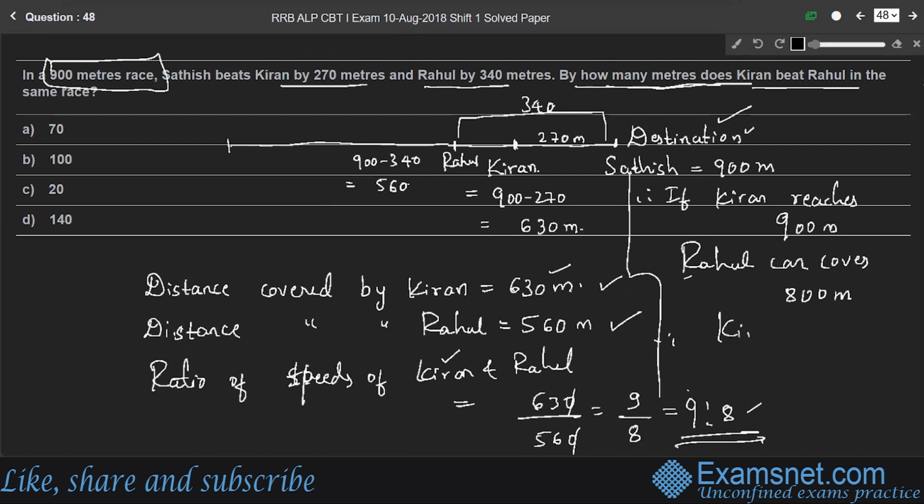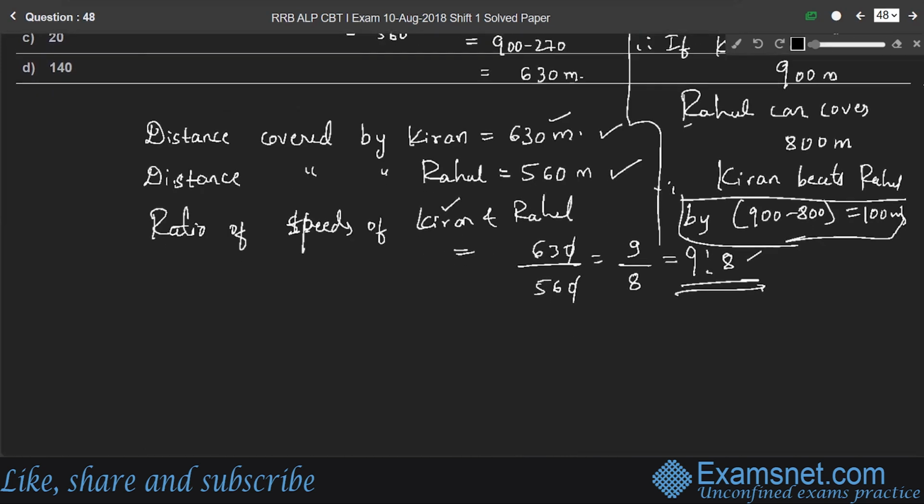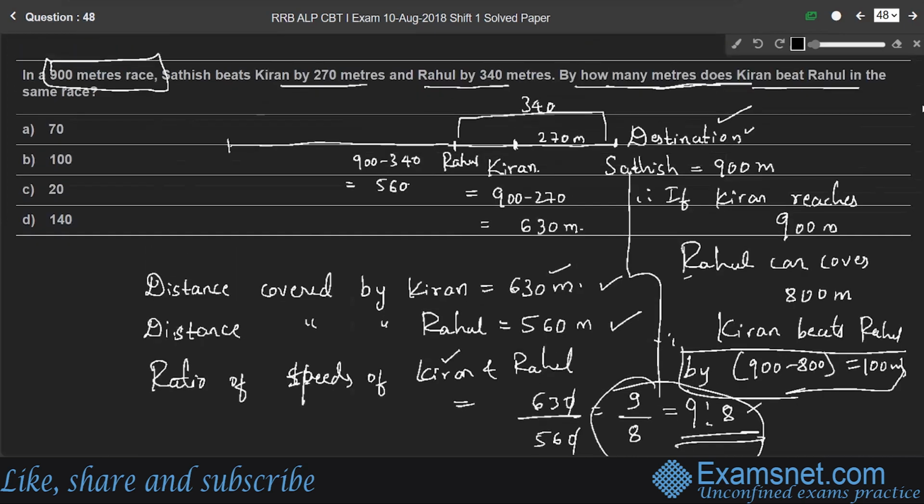So Kiran beats Rahul by 900 minus 800, right? So by 100 meters, right? So this is mainly based on the ratio of their speeds, right? Therefore, Kiran can beat Rahul by 100 meters. Option B is the right answer.